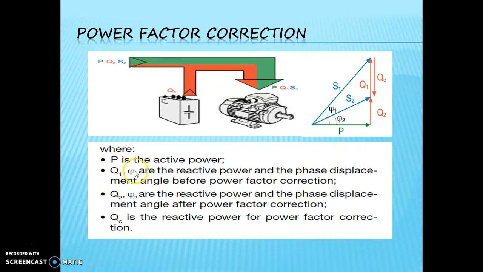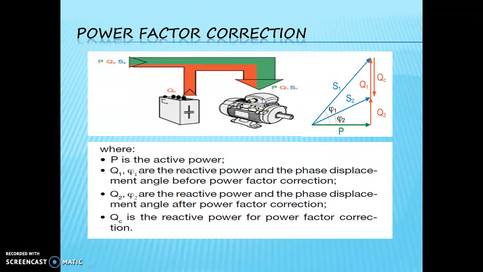Then after adding a capacitor having a reactive power of QC, we get a displacement of phi 2 and a reactive power of Q2 after the power factor correction. From this we can clearly understand the power factor of the system is improved after adding the capacitor in parallel to the induction motor. In this way we are improving the power factor from the load to nearer to unity.